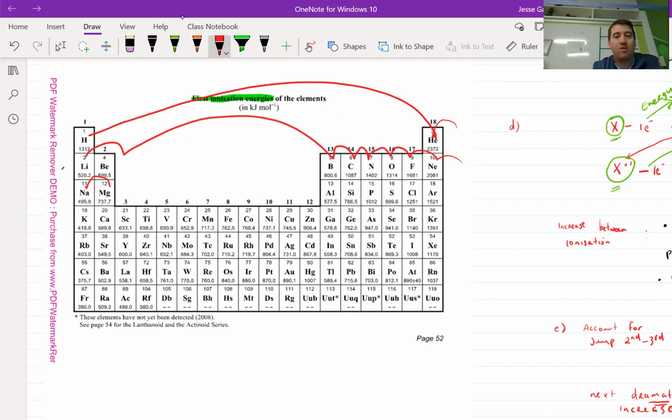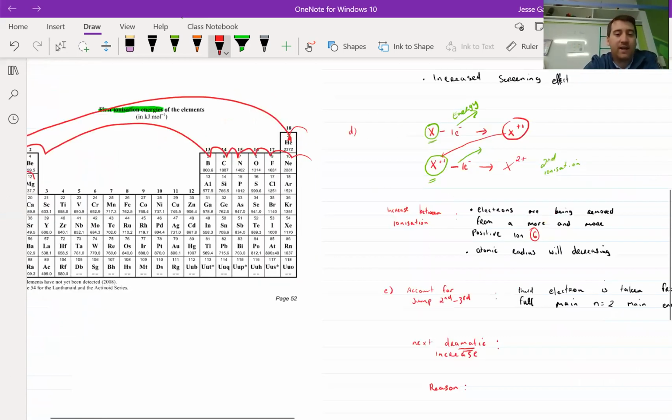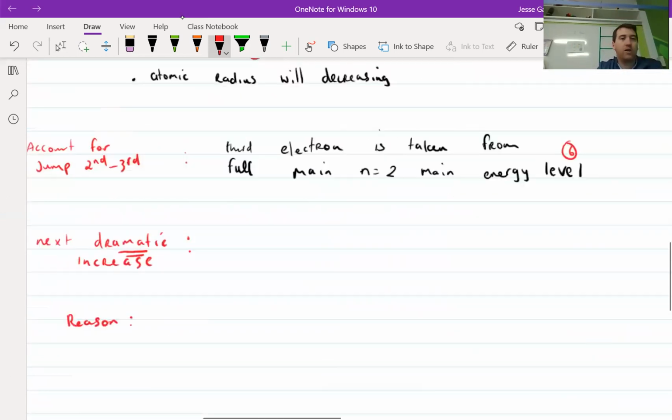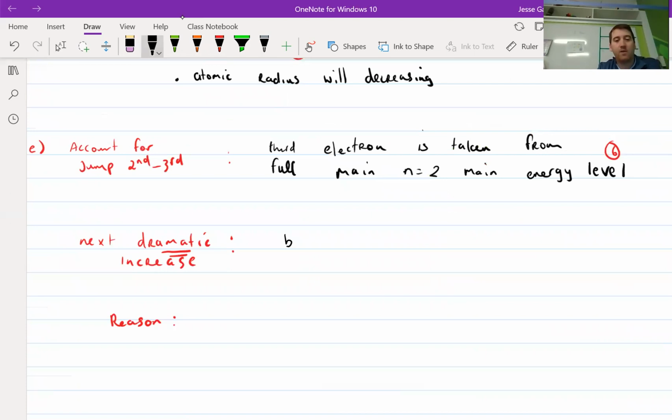Okay, so that would be on the 10th to the 11th electron. So between the 10th and the 11th electrons, or on the 11th ionization, we would expect to see the next massive jump. Okay, so I would say here, between the 10th and 11th electron.